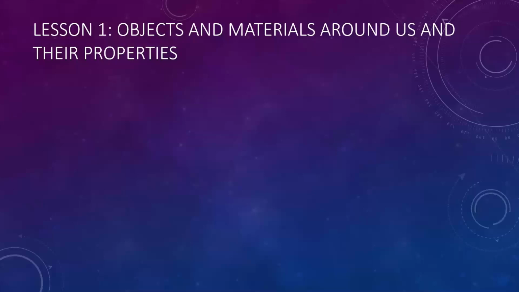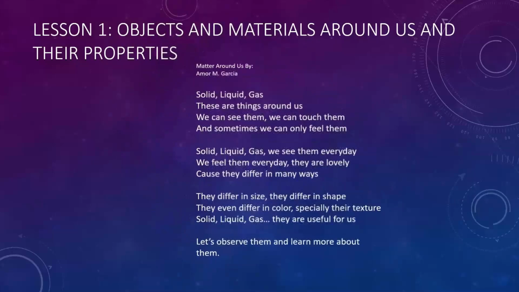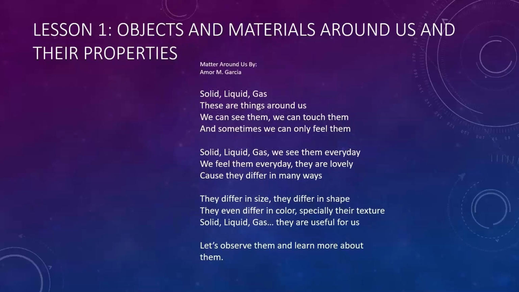Lesson number 1. Objects and materials around us and their properties. Matter Around Us by Amor M. Garcia. Solid, liquid, gas. These are things around us. We can see them, we can touch them, and sometimes we can only feel them. Solid, liquid, gas.